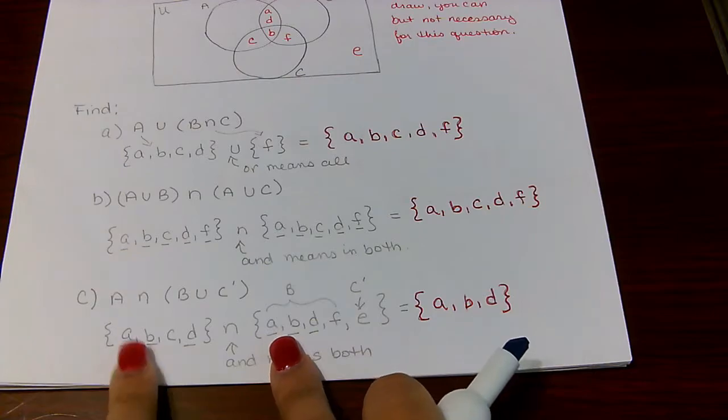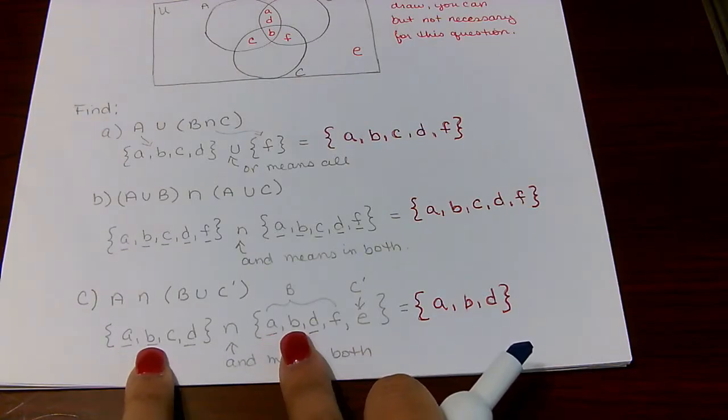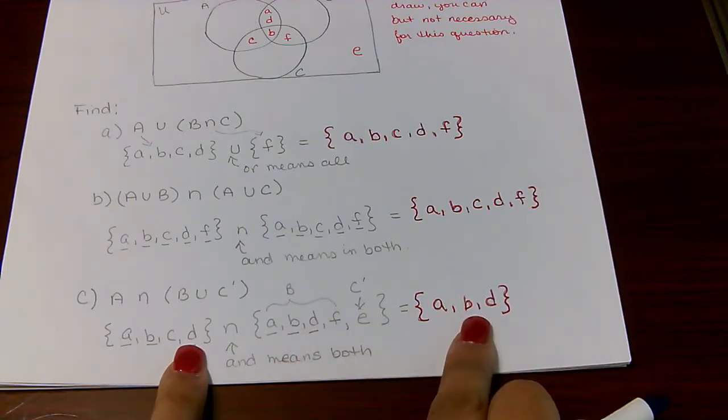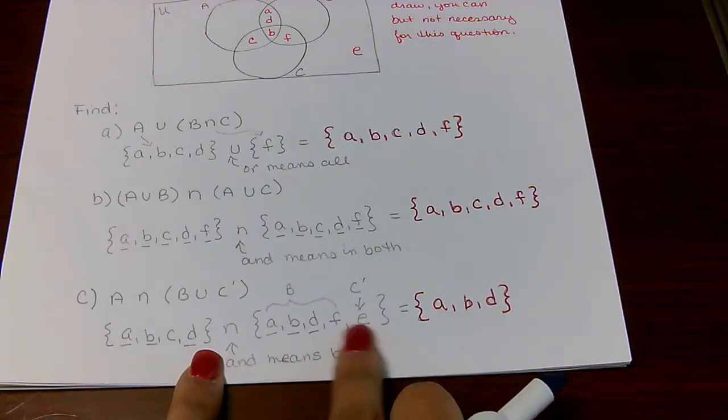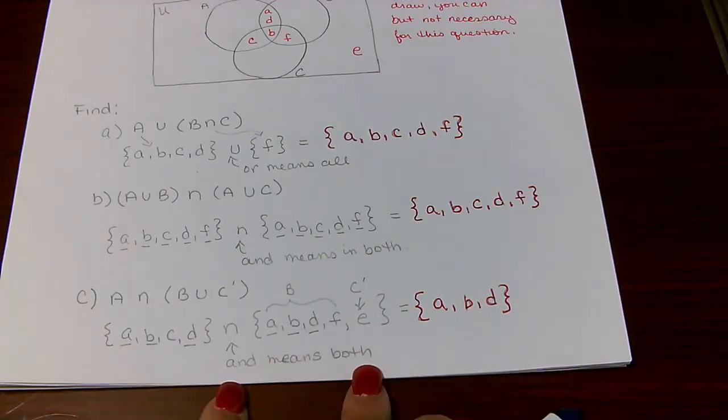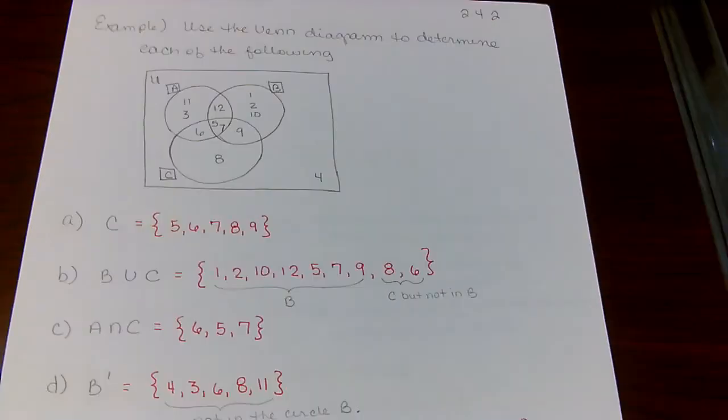The only ones that match are the A, the B, (C does not because it's only in this set but not in this one), and the D, which is here. E and F are in this set but they're not in this set, but remember you want both, so you can't use those.